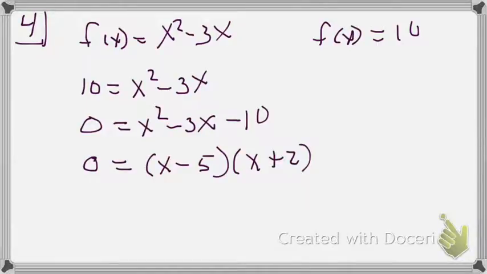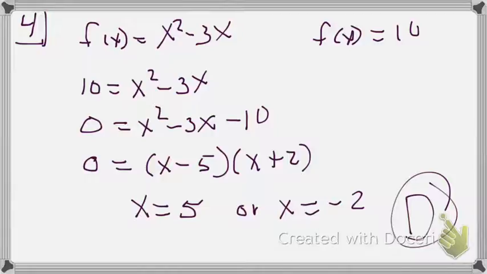So we can factor that out. So x equals 5, or x equals negative 2. And from the choices, that's part D. All right. Now, jumping ahead to number 8.